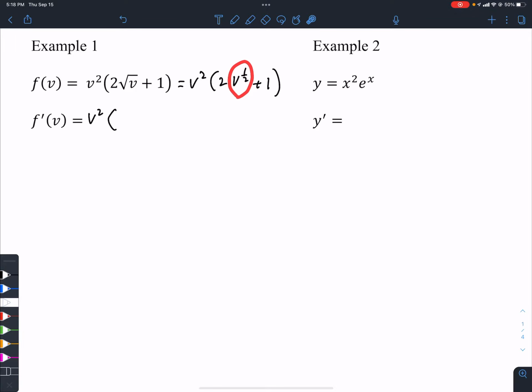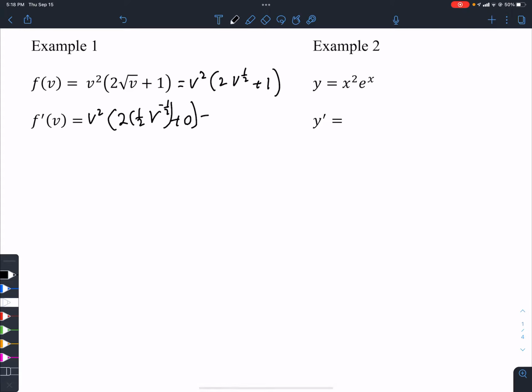So the 1/2 comes in front, and then I decrease the power by 1. So 1/2 minus 1 is negative 1/2. And the derivative of 1 is 0. So that's leaving the first alone and taking the derivative of the second.